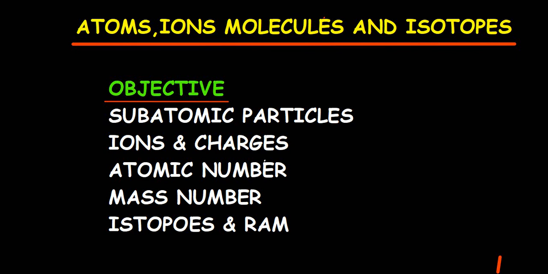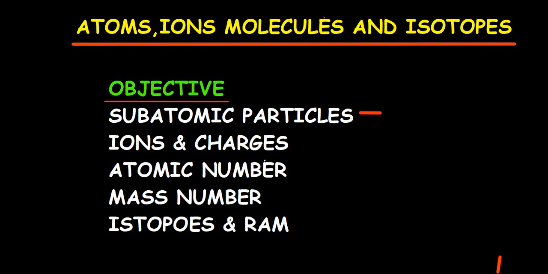In today's class we are looking at atoms, ions, molecules, and isotopes. Those are the three things that we are going to be looking at today, and I've outlined the objectives here. We have subatomic particles.